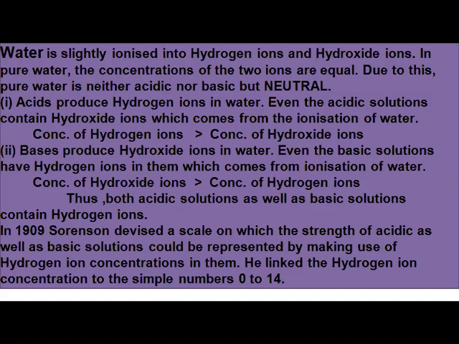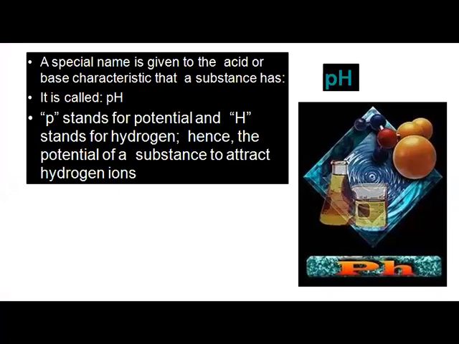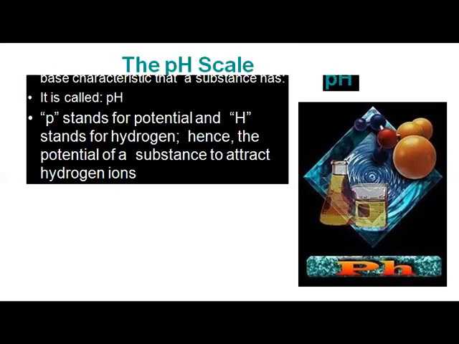He linked the hydrogen ion concentration to simple numbers starting from 0 to 14. A special name is given to the acid and base characteristics that a substance has, pH, where P stands for potential or potence and H stands for hydrogen. Hence, the potential of a substance to attract or release hydrogen ions is the pH scale.